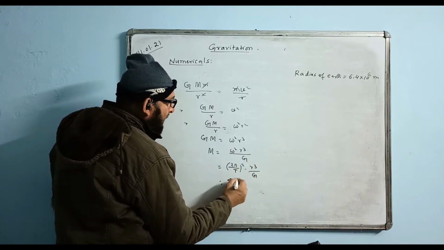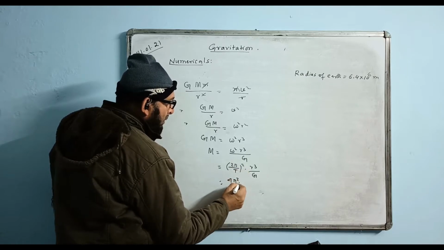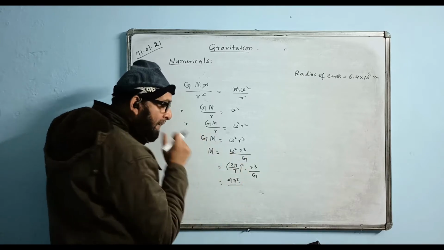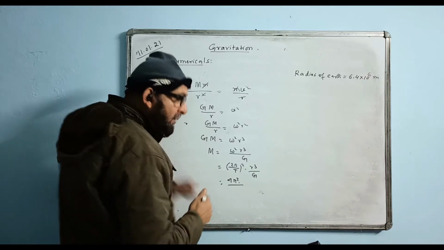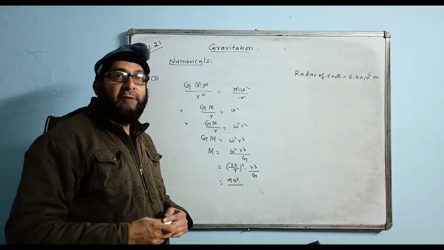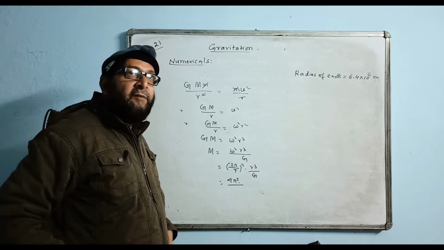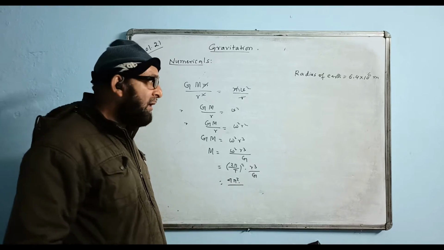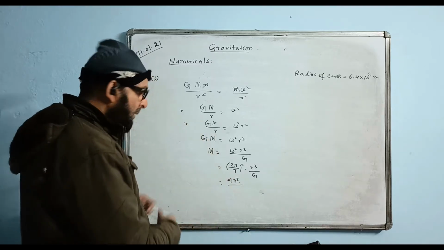This becomes 4 pi square upon T square. T is the time period, the period of revolution, which is given. Even if not given, we know it is 365 days, which we convert into seconds, and whatever value is given, that value will come.